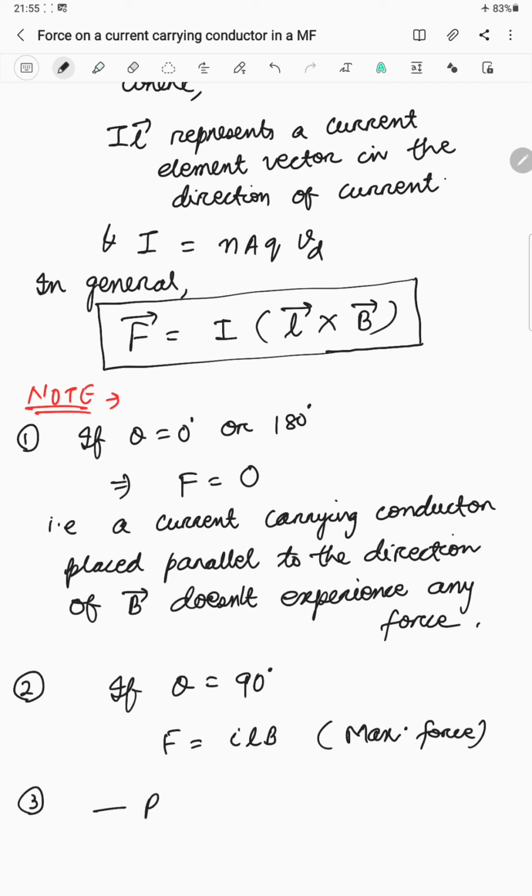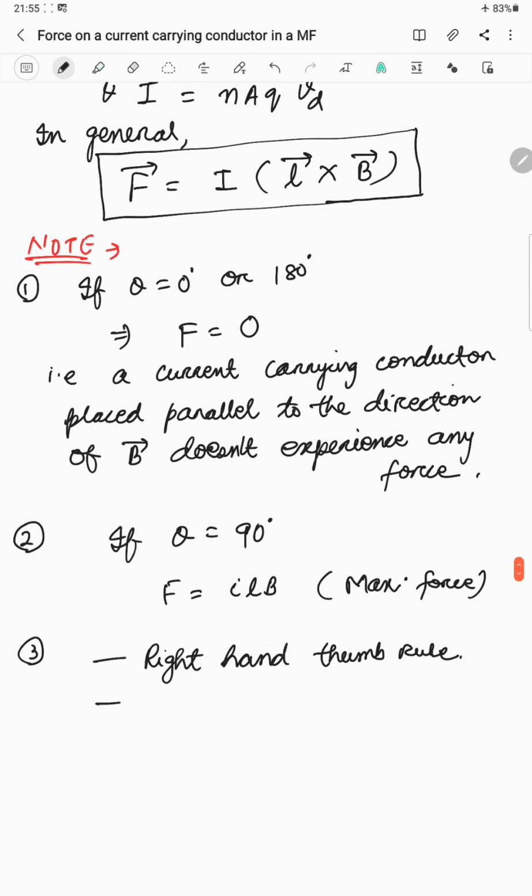First one, your right hand thumb rule, which you already know. And the next one, which comes for a 1 mark question, is Fleming's left hand rule.